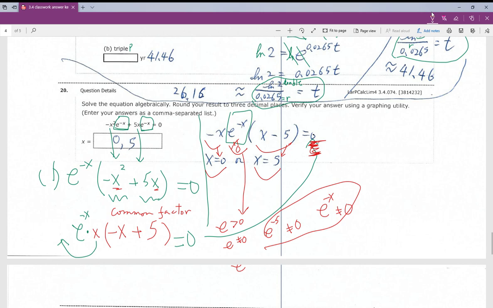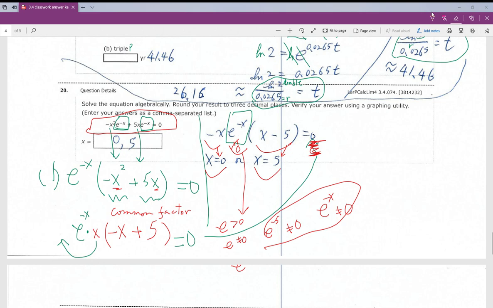Now this is not a log function, not a logarithmic equation. This is an exponential equation. You don't need to check the answer. Sorry, I take back my word. No matter what, you always need to check your answer. Why?